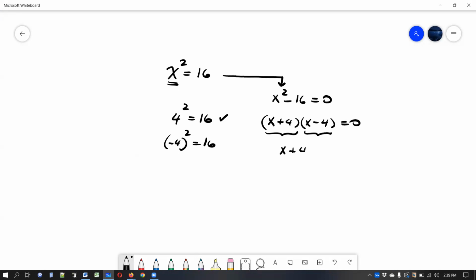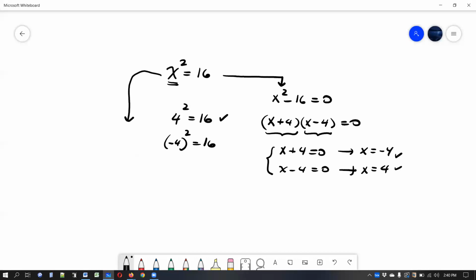So we set both to 0, and we solve them for x. From the first one, after I subtract 4 from both sides, I get this. And on the second equation, when I add 4 to both sides, I get this. So here are the two solutions to the equation x squared equals 16. So this is a formal procedure for this particular problem.